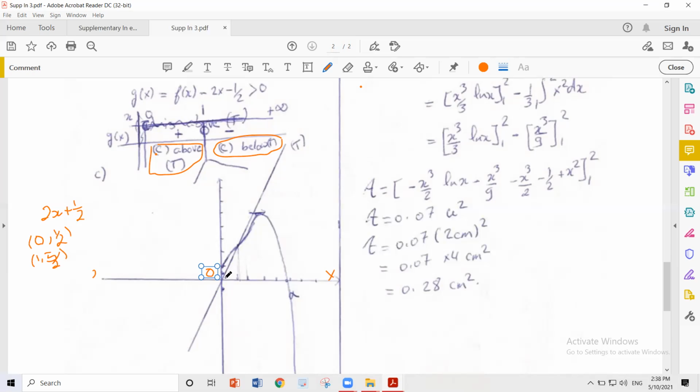So the tangent passes through 0, half and 1, 5/2. You draw the tangent. This is the point of tangency. This is A.